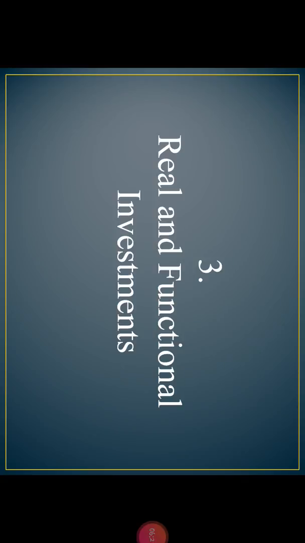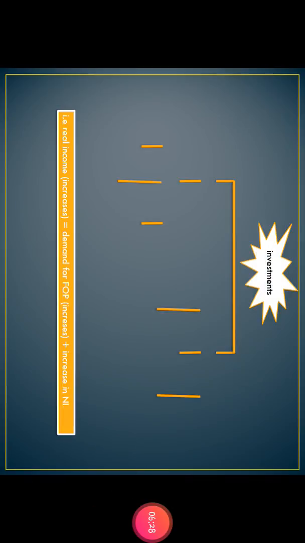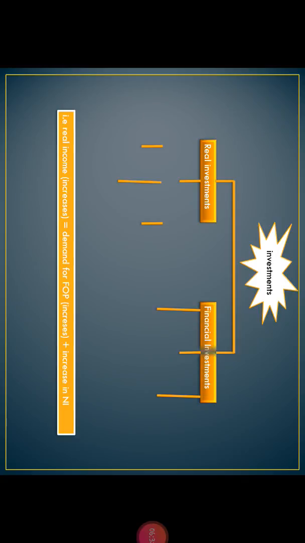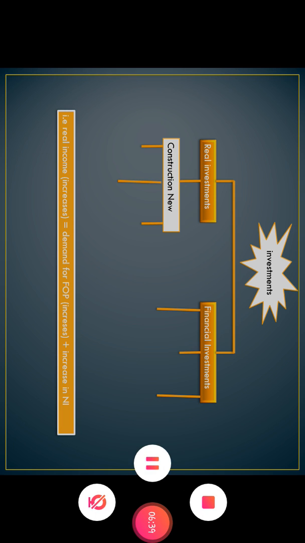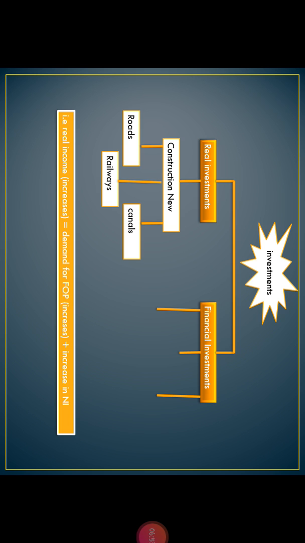The third type of investment is real or financial investment. So investments are broadly divided into two categories, that is nothing but real investment and financial investment. The real investments are when the country invests in the construction of roads, railways, and canals.